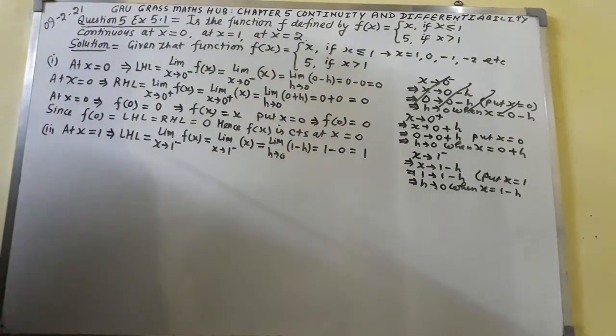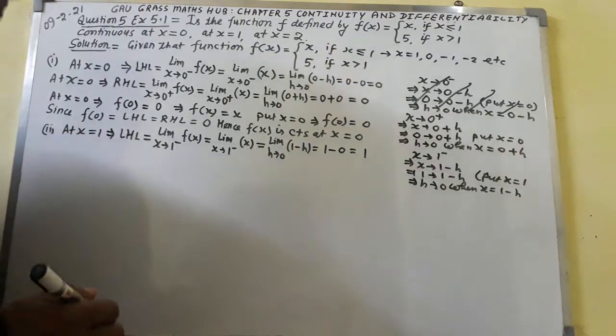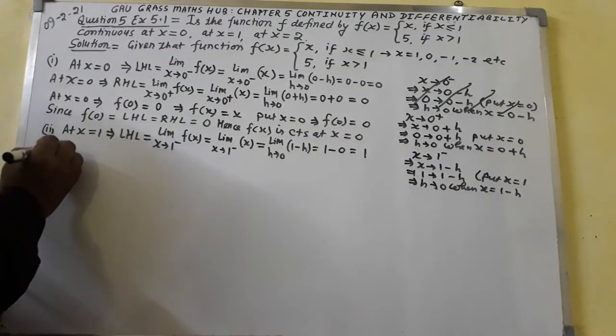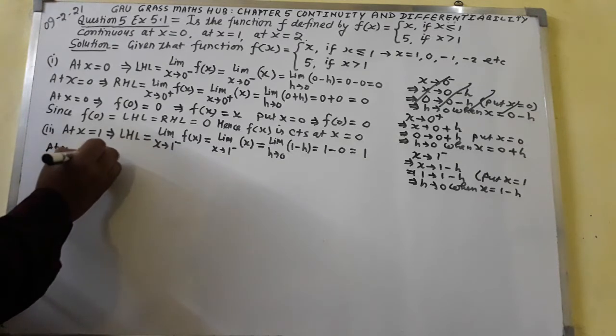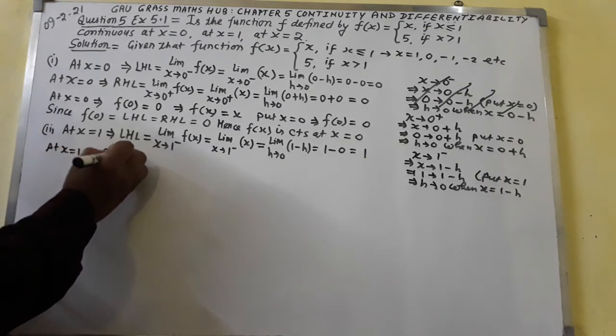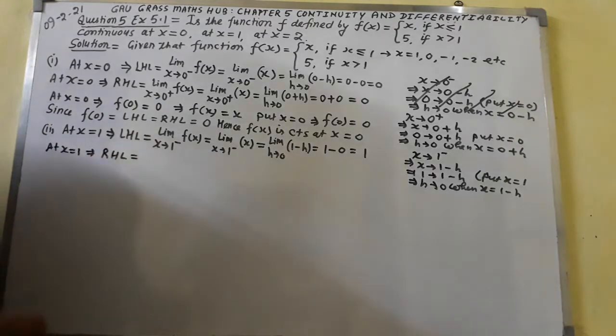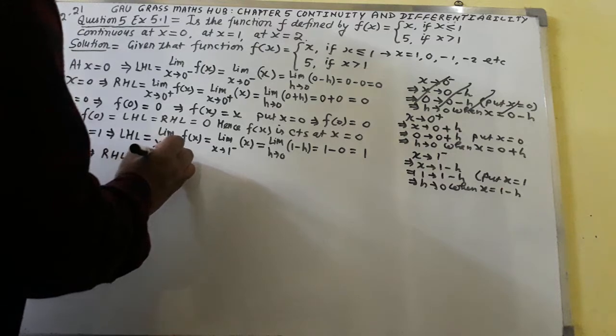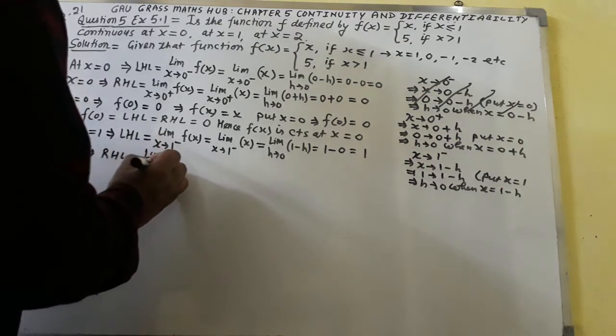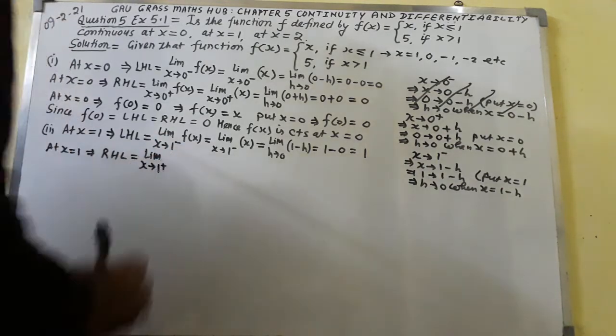Now I shall get the right hand limit. So here I write, at x equal to 1, the right hand limit equals limit x tends to 1 positive.